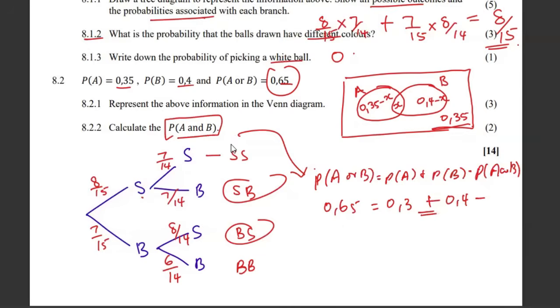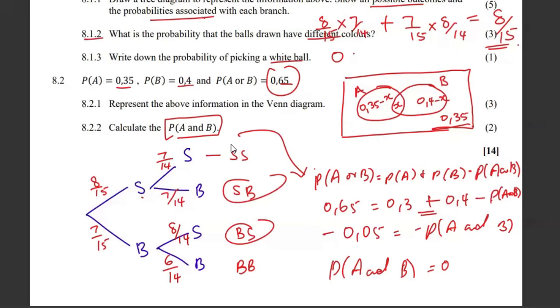So 0.35 plus 0.4 gives 0.7. So probability of A and B: 0.7 subtract 0.65 is going to give us 0.05. So negative 0.05 is equal to the negative probability of A and B, meaning that our probability of A and B becomes 0.05.